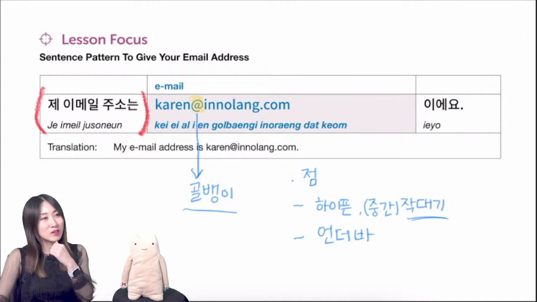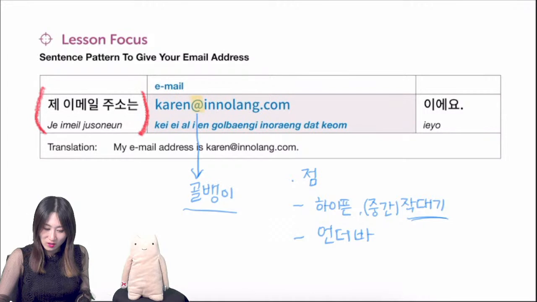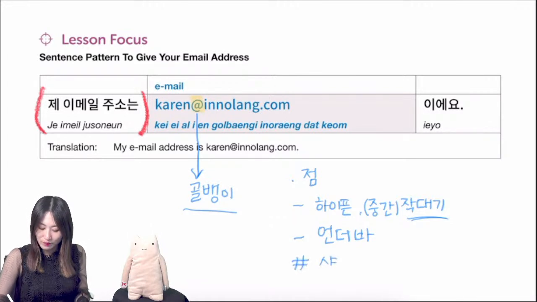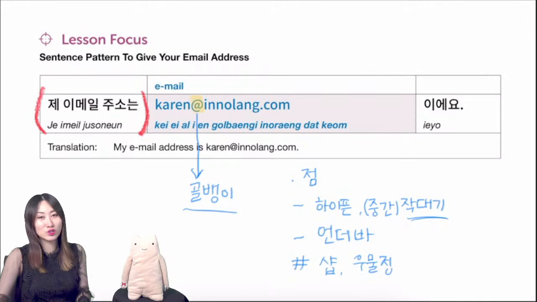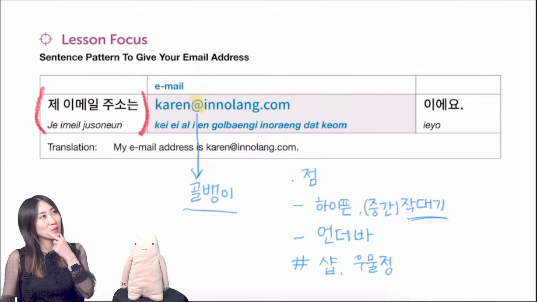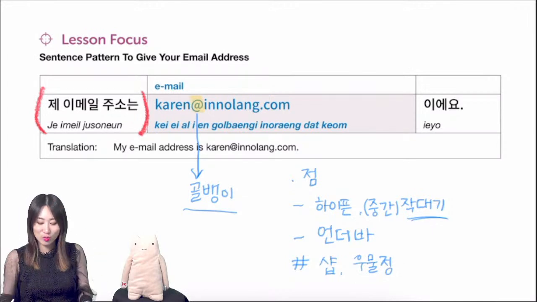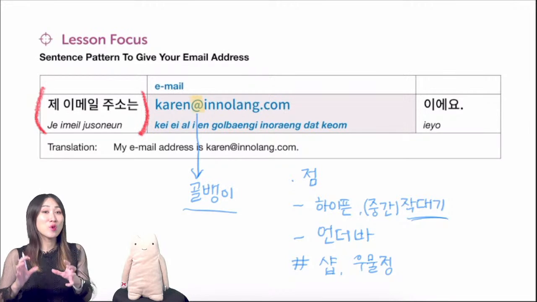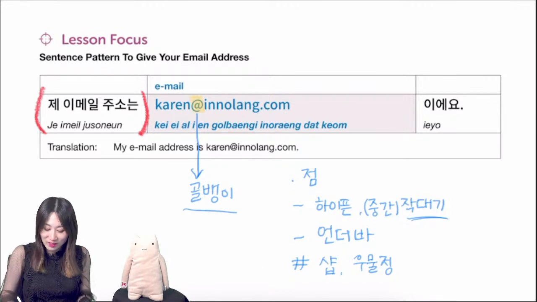Okay, and what are the common ones? How about this? It is shop. We use the English word, or 우물정. Well, I think the people in my parents' generation probably say 우물정. 우물정 is the name of the Chinese character that looks like this.